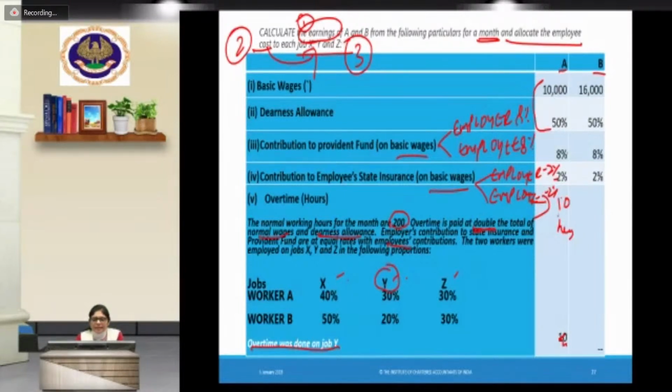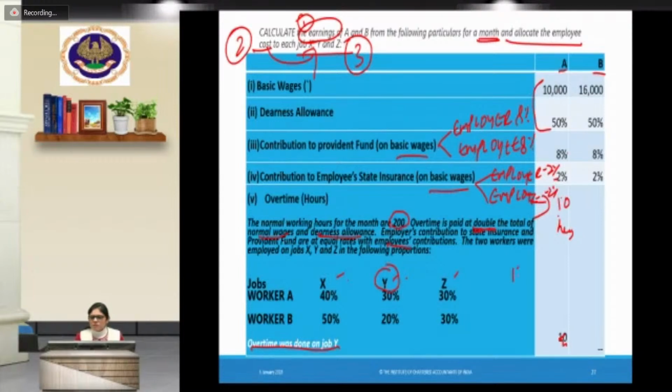Then you have to calculate the overtime for worker A, for 10 hours. How will you calculate the cost of the overtime here? Now 10,000 plus 50%, 5,000. So 15,000 is the earning of A, excluding overtime.